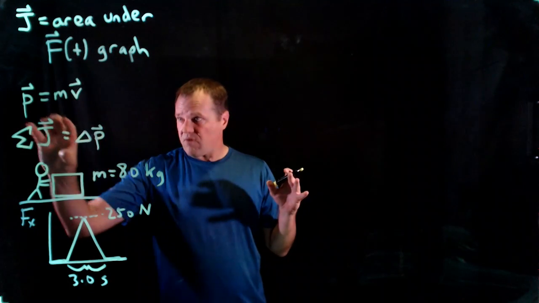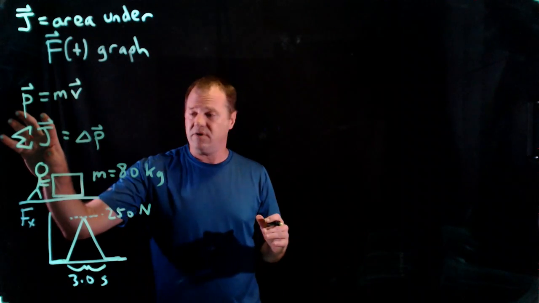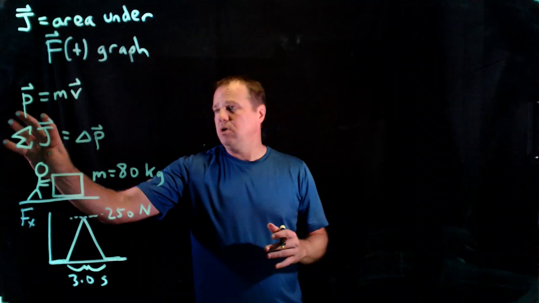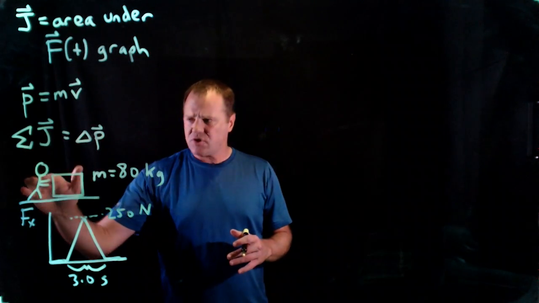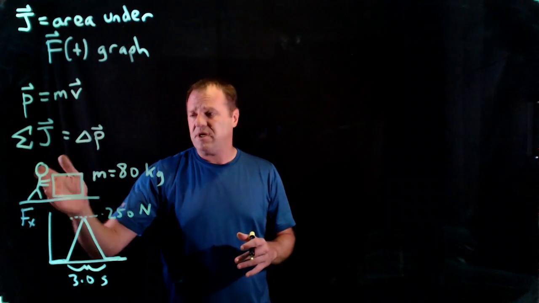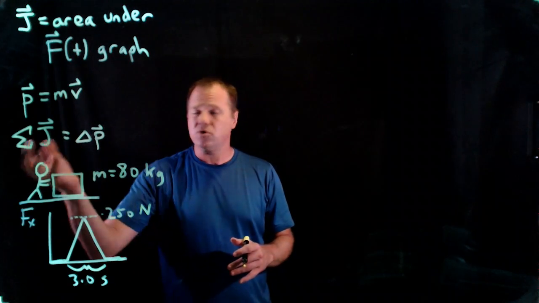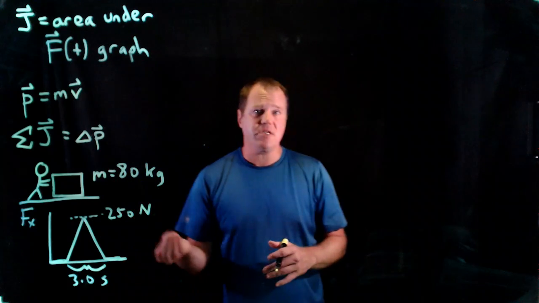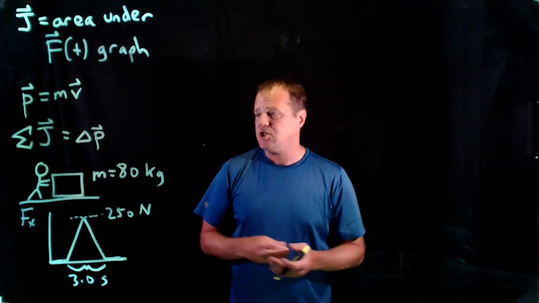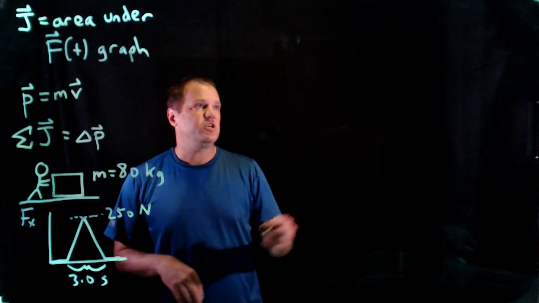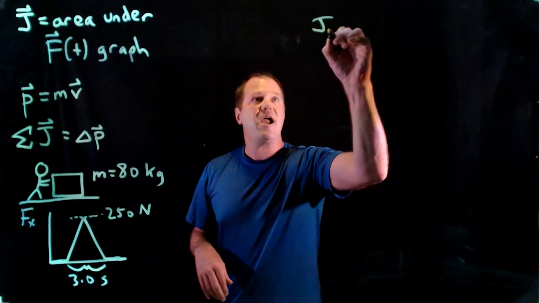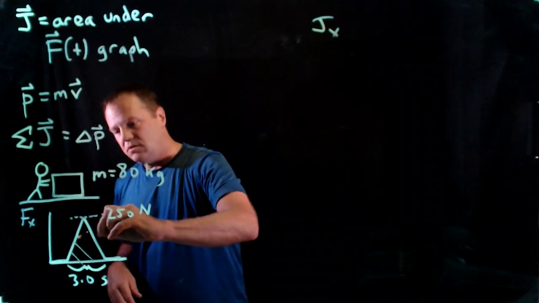First thing I want to do is think about the left-hand side of this equation. What is the total impulse? Well, in the x direction, the only force being exerted, assuming this is frictionless, is the force by the person. So there's really not going to be a summation, but keep in mind in some cases there will be a summation. So the impulse will just be the area of this triangle.